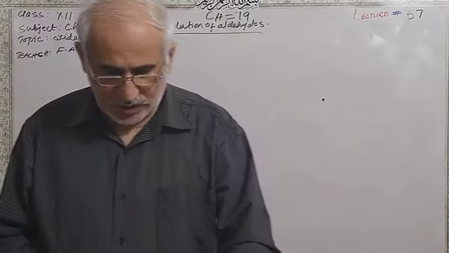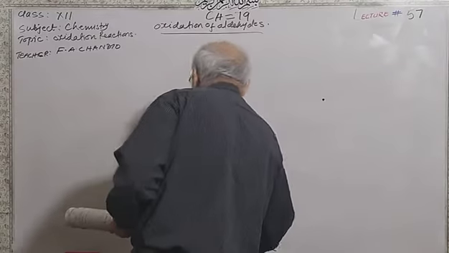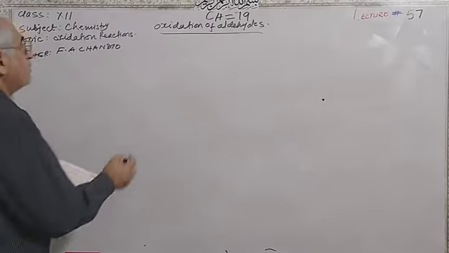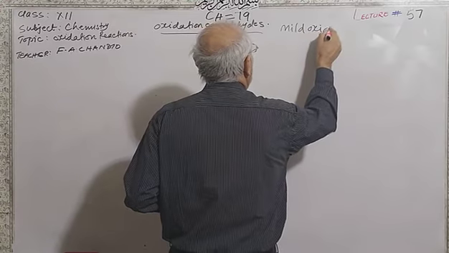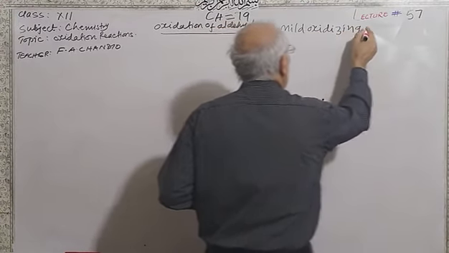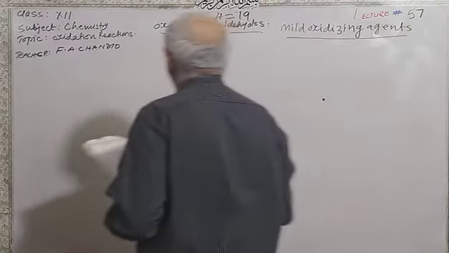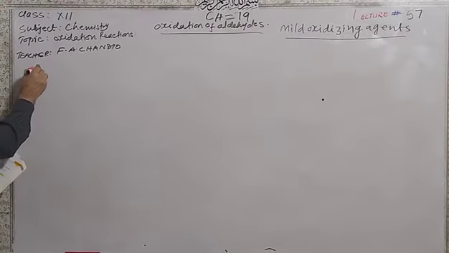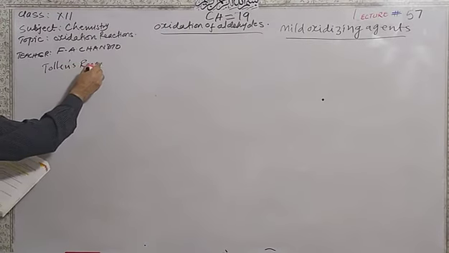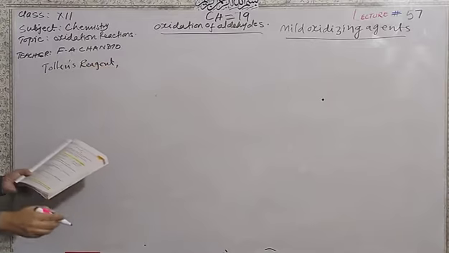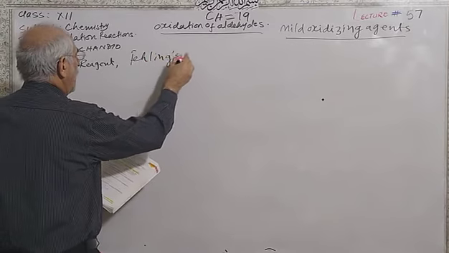So when we are talking about the oxidation of aldehydes, we use oxidizing agents, mild oxidizing agents like Tollens reagent, Fehling's solution.